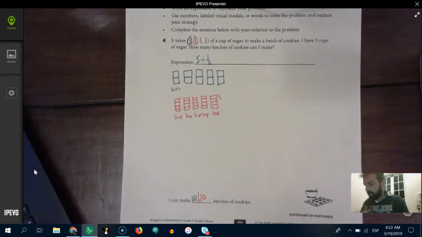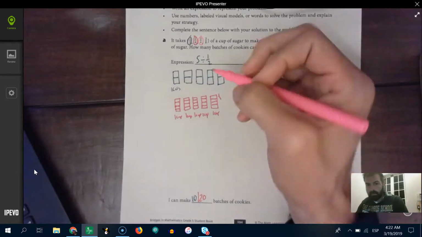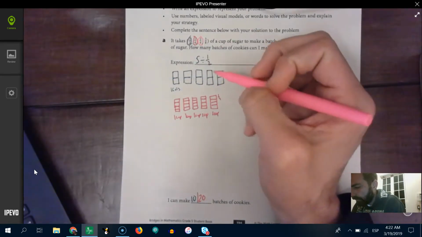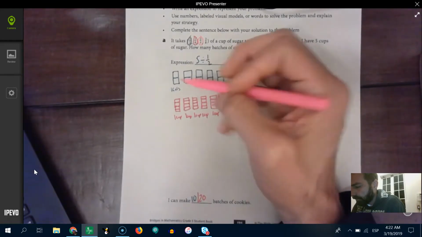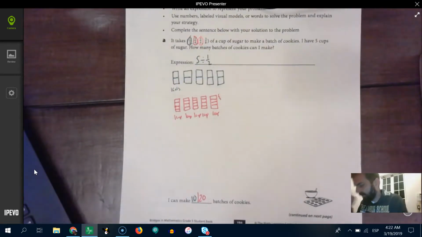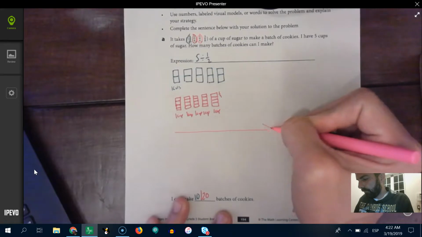Alright, what about 3/4? The one I did for a 4th, I split everything into 4ths already. So these are my 5 cups of sugar, already split into 4ths. Let me do something else for that one. Let me do the old number line.